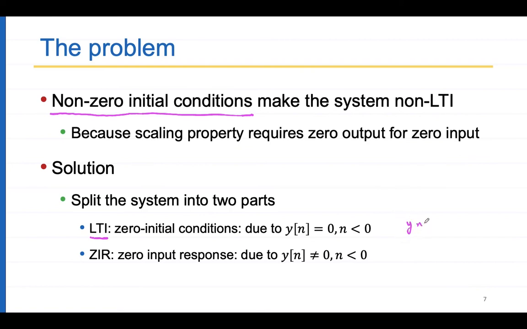In the first part y[n] will depend on x[n], and in this part my y[n] depends on initial conditions only.